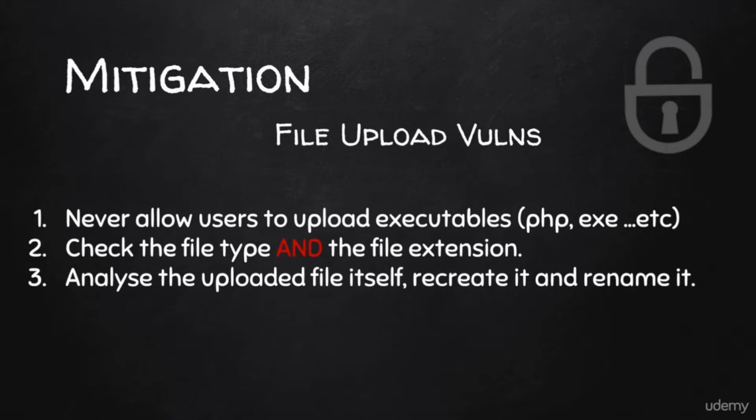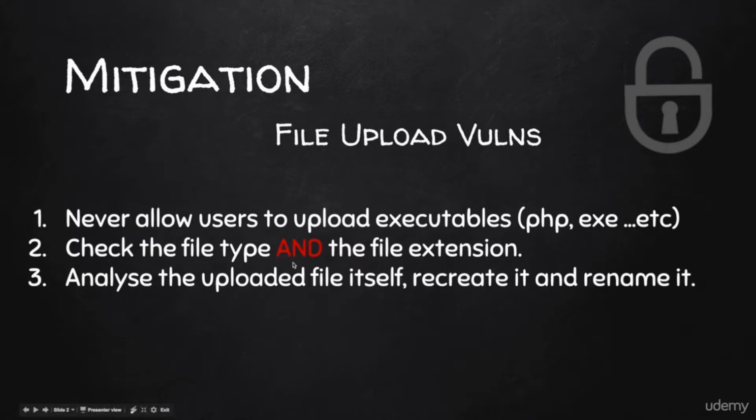The second thing is you need to check that the file type is what you're expecting, and check the extension at the same time. So when we were checking with our tests in the previous videos, at the low security level, obviously there were no checks. At the medium security level, there was checking for only the file type.